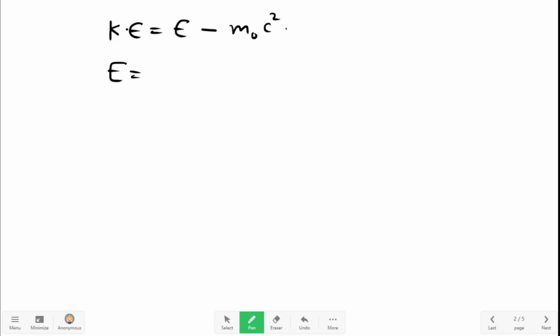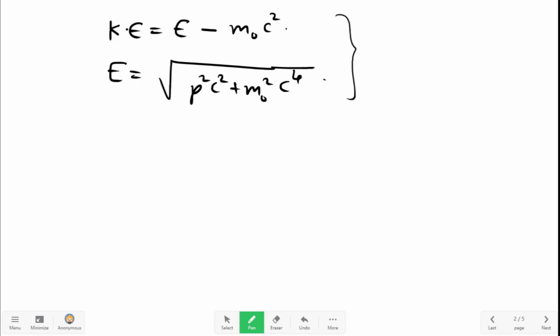Total energy is given by root of p square c square plus m naught square c raised to 4, where m naught is the rest mass. This is how we find the kinetic energy in the relativistic case.